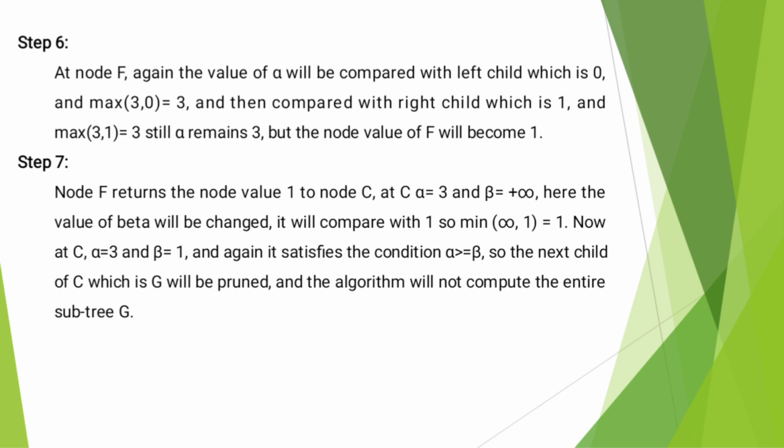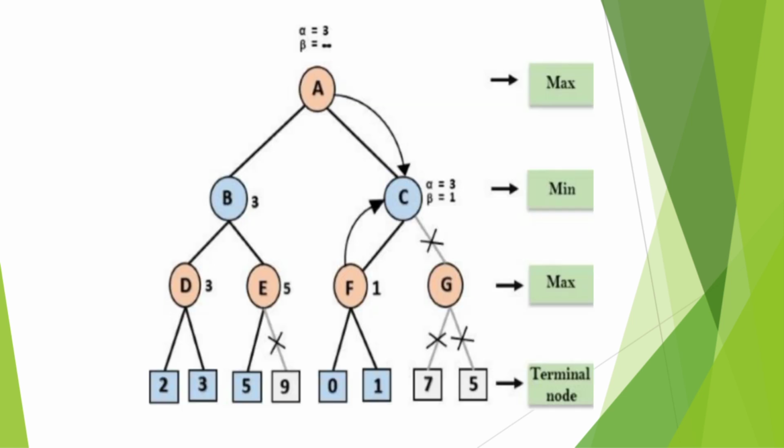So the next child of C, which is G, will be pruned and the algorithm will not compute the entire subtree G. So this is the structure: G will not continue to the next level.